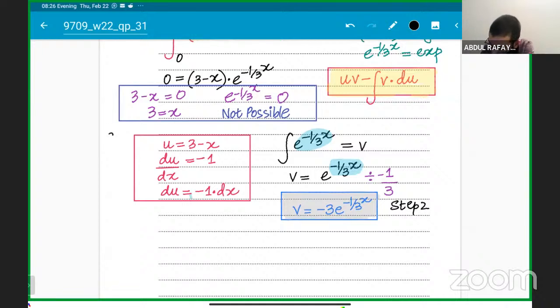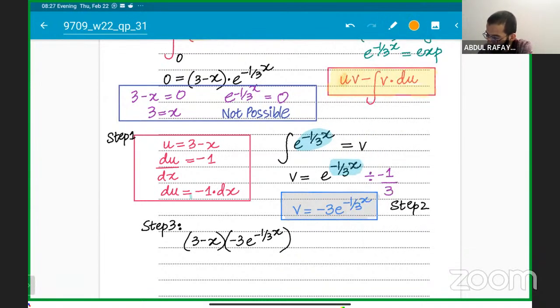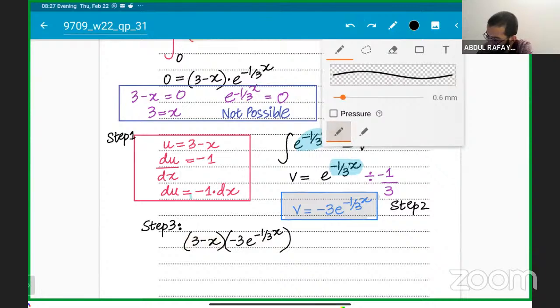Step number 1, step number 2, step number 3 is putting in the formula. So here we go. u is equal to 3 minus x, u times v. v is basically minus 3 e power negative 1 over 3x. Putting in the formula only, okay?